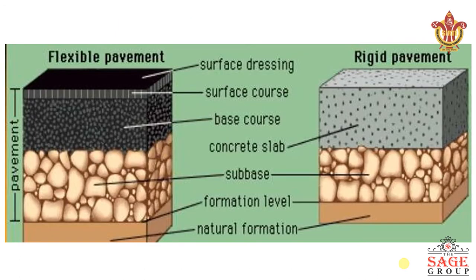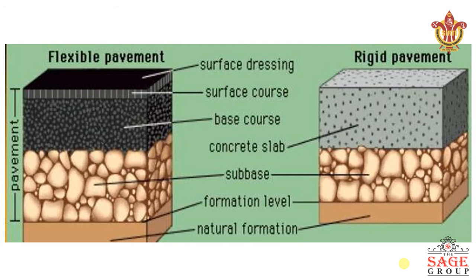So, in this figure, we can see on the left hand side we have a flexible pavement, and on the right hand side we have the different layers of a rigid pavement. In a flexible pavement the base is a natural formation, then we have the formation level, then the sub base which is quite thick, then the base course and the surface course.